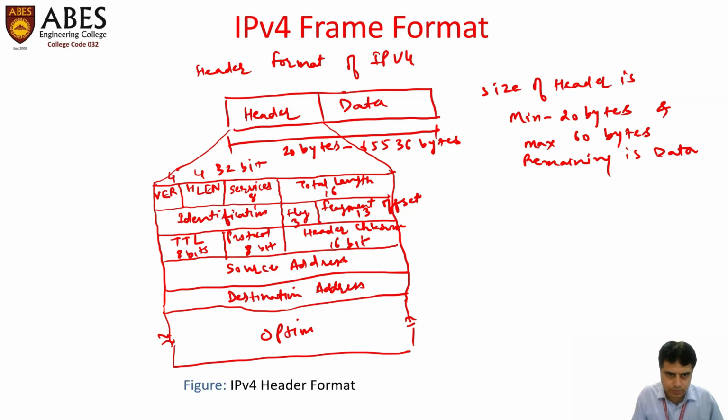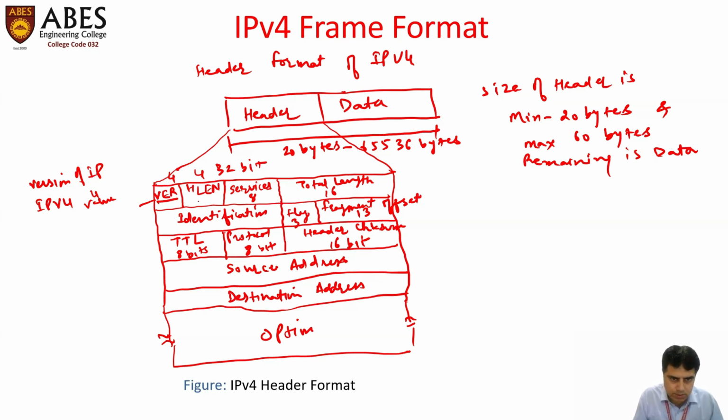Now, the first field is version. This is a 4-bit field, which defines the version of IP. So the version is IPv4, and the value of this field is 4. Now the next field is header length.